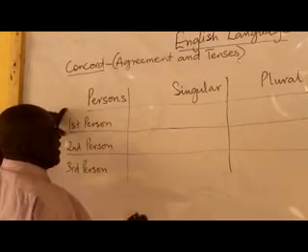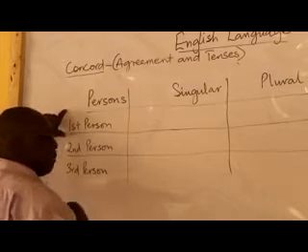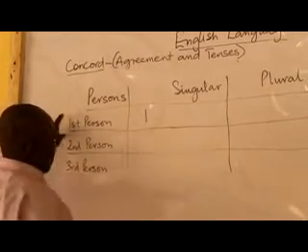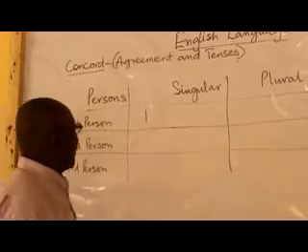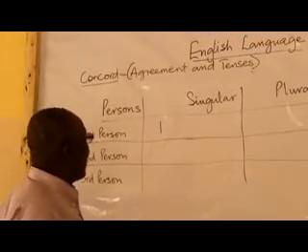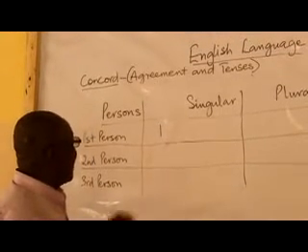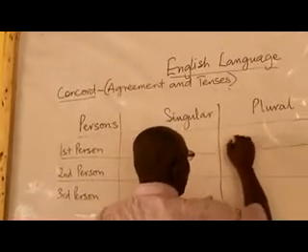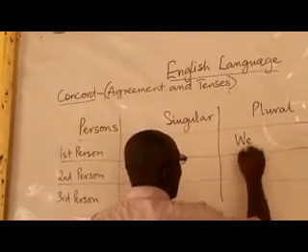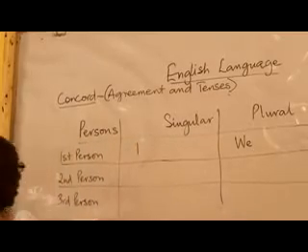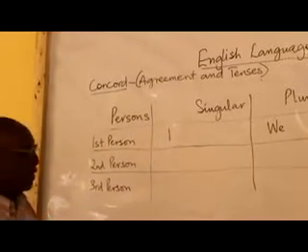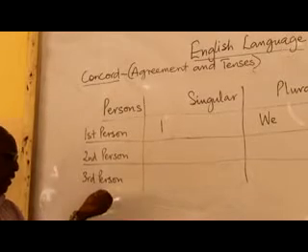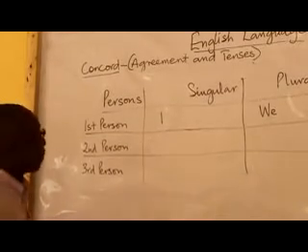I am speaking. So the first person singular is I. And the plural of I is we. So the first person plural is we, while the first person singular is I.